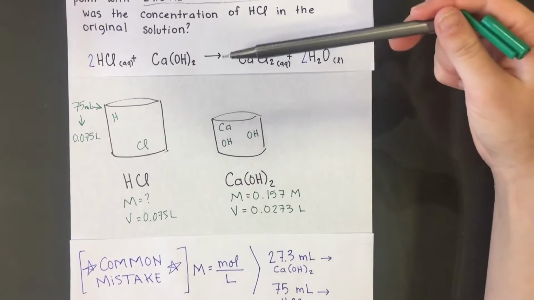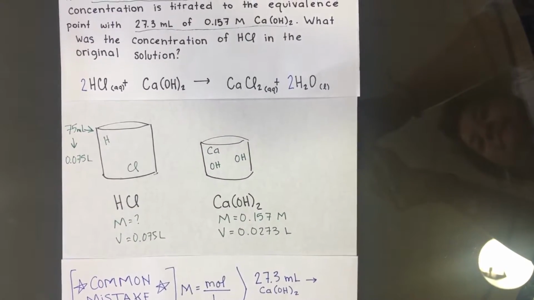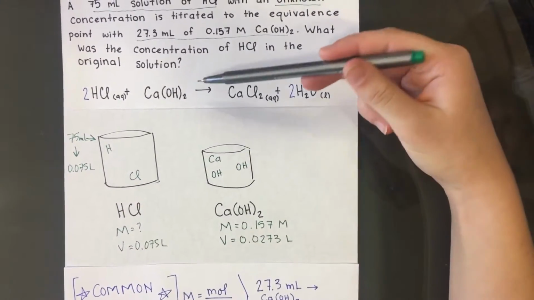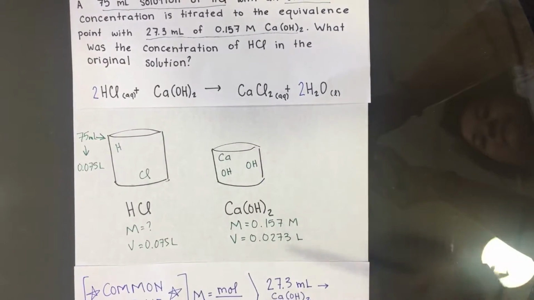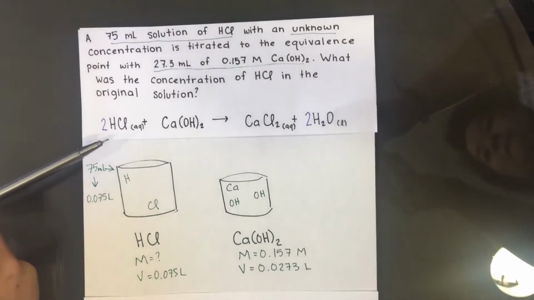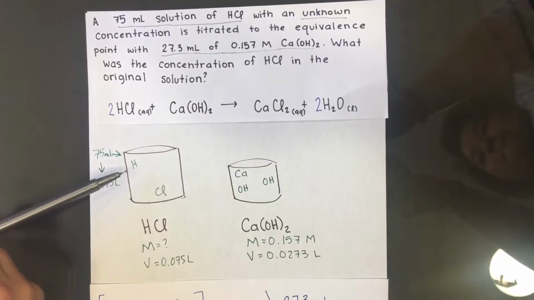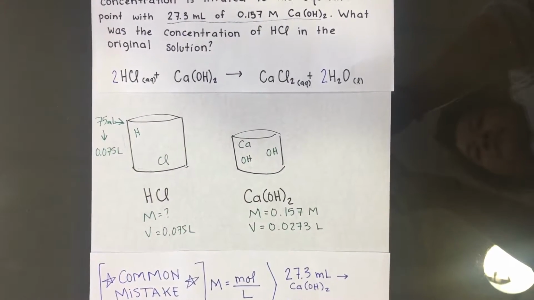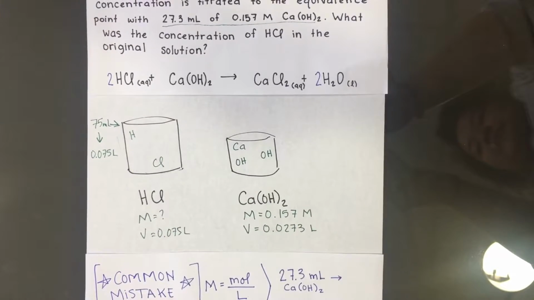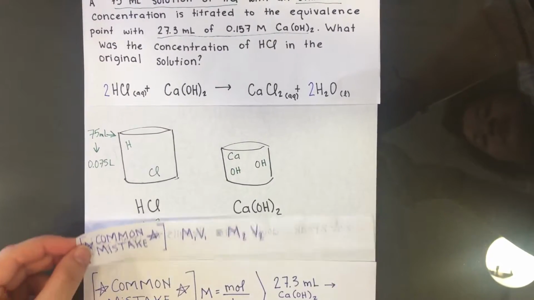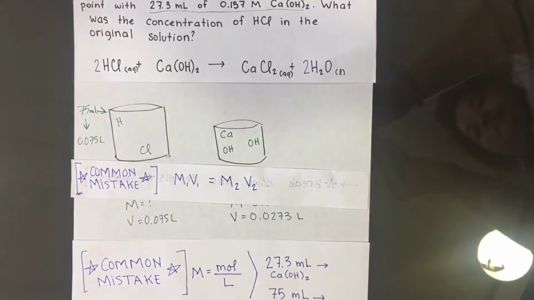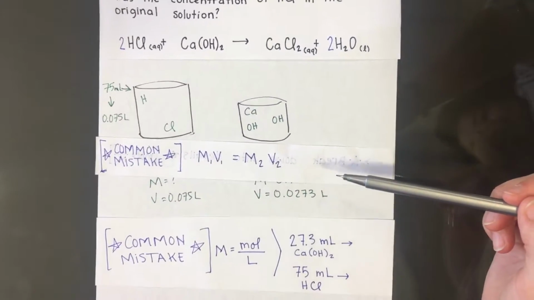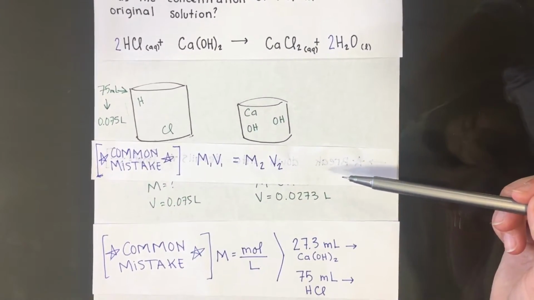Now for each mole of calcium hydroxide, we have 1 calcium to 2 hydroxides. And over here with hydrochloric acid, we have 1 H for every chloride. For these kinds of problems, we're looking for the unknown molarity, but we're given the molarity and volume of the other substance.